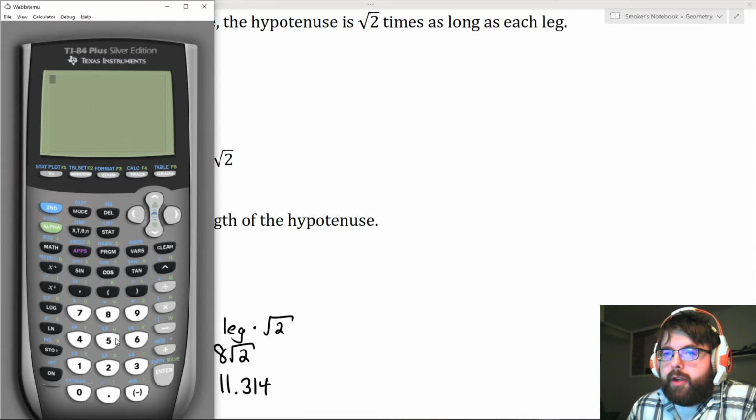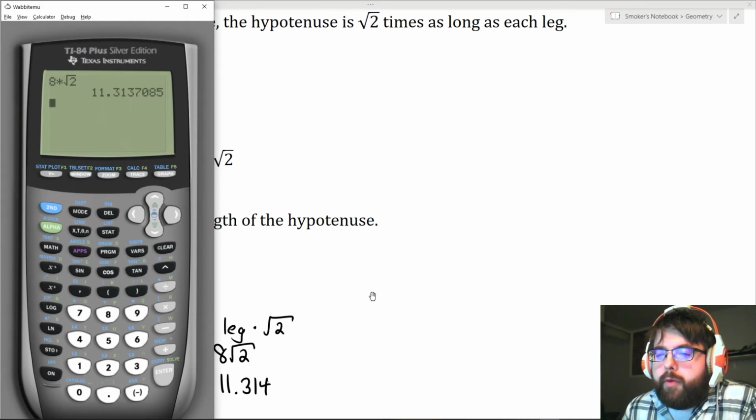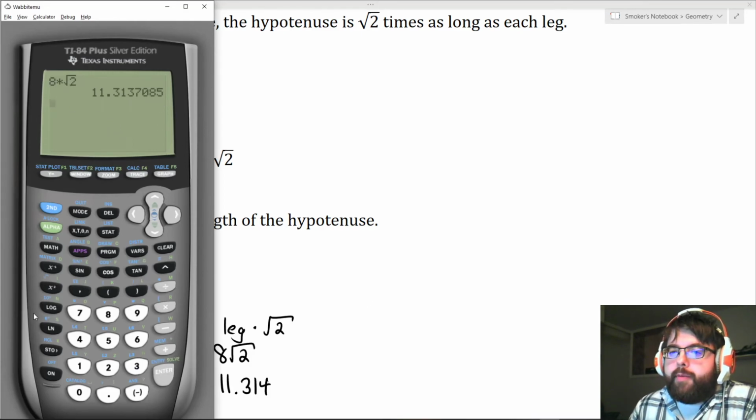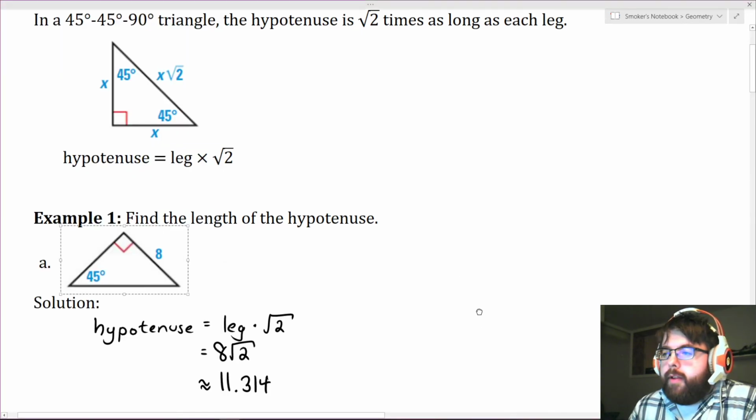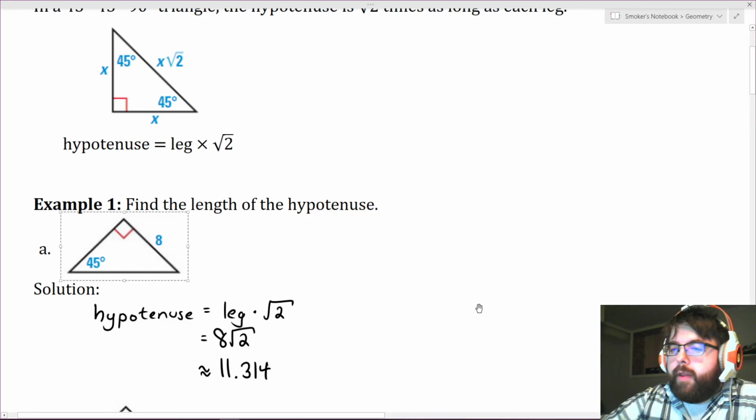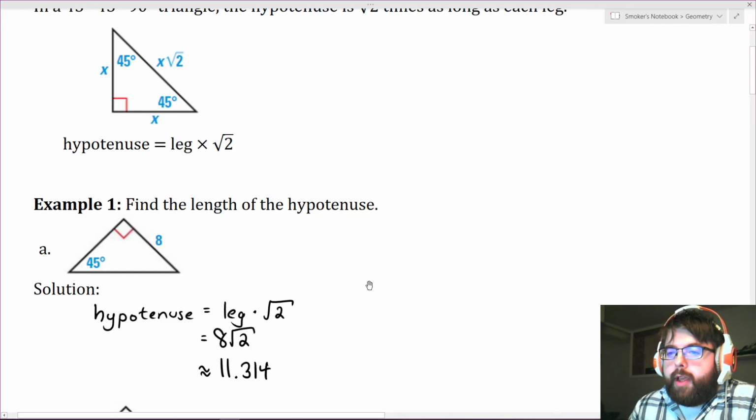Let me just show you here. 8 times square root of 2, enter, is 11.313. Again, you don't have a graphing calculator, but your scientific calculator should be able to do what I just did. Okay, so that's example 1, part A.